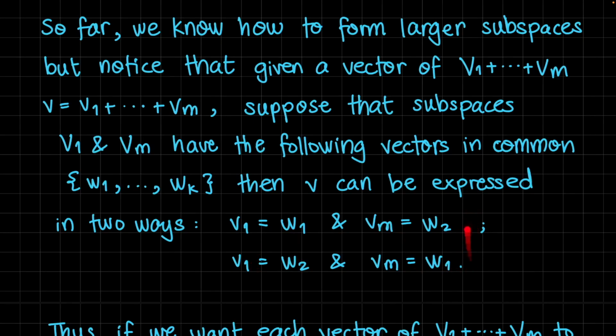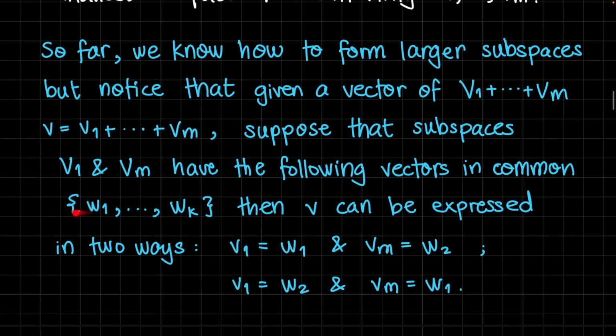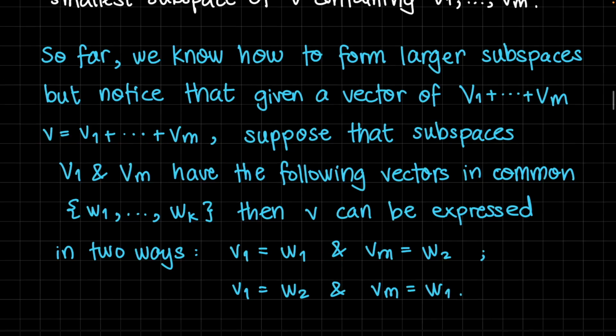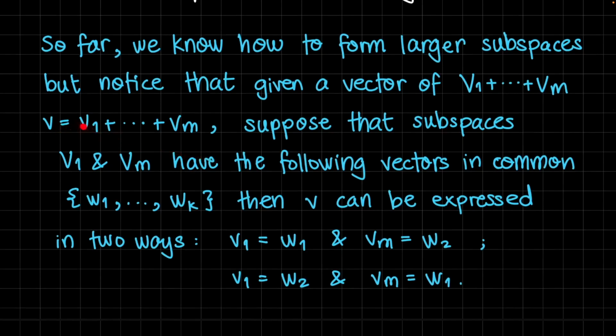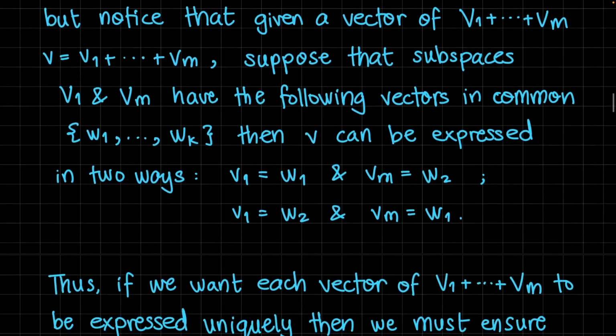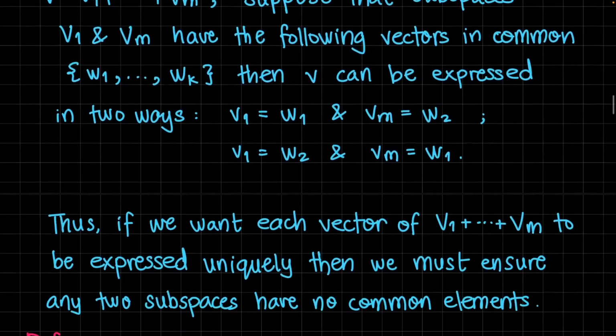Both these permutations from the common set of vectors will be two expressions for v. So there are two distinct ways of writing v, and expressing v in terms of its subspace decomposition is really not unique. And this will be the point of the next discussion that we're going to have.